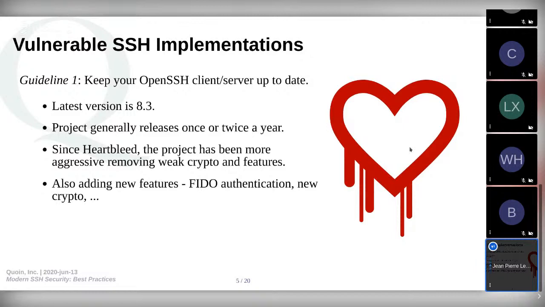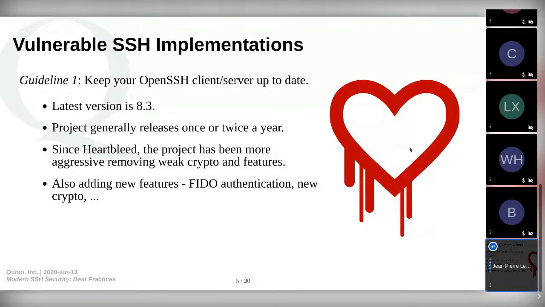Since Heartbleed, they were exposed to the Heartbleed attack. The project has been much more cognizant of the fact that they have to remove weak crypto and poorly designed features. So a lot of the emphasis in the later releases has been removing stuff out of SSH, not adding. So a lot of the crypto algorithms are going away, and you have to upgrade your infrastructure to take advantage of that.